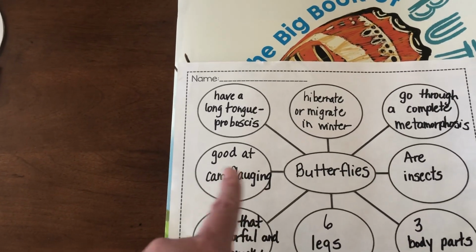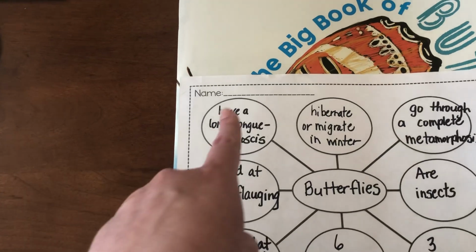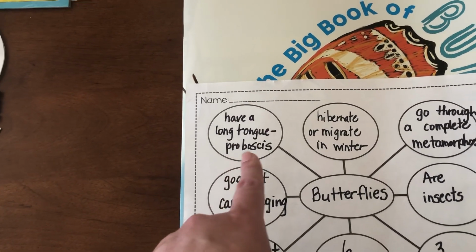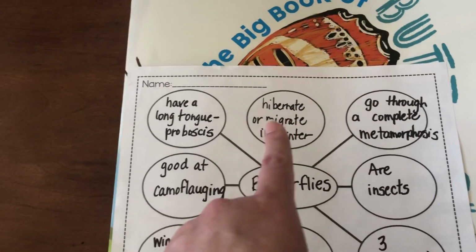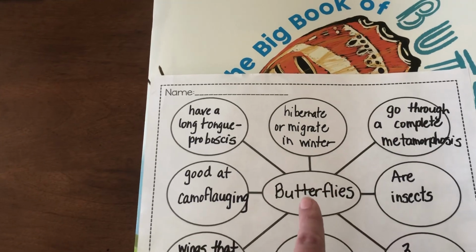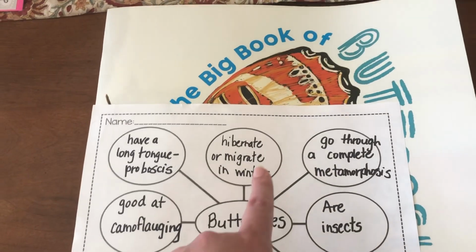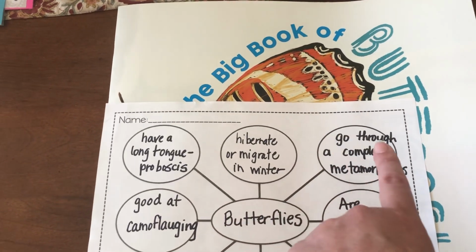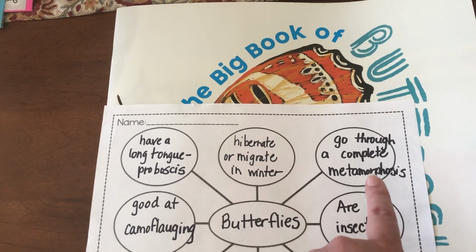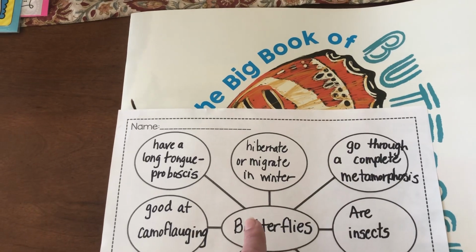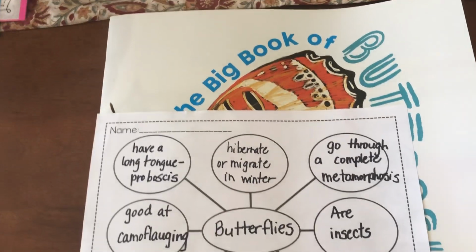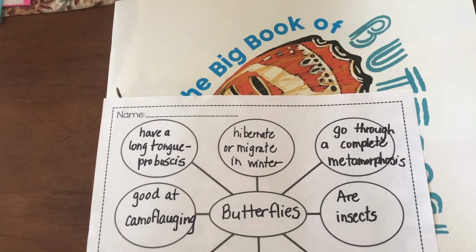They are very good at camouflaging. They have a long tongue, called the proboscis, which helps them to drink nectar. And they hibernate or migrate in the winter when there's no flowers. And then their whole life cycle, they go through a complete metamorphosis and change from a caterpillar that comes out of the egg into a completely different animal, the beautiful butterfly.